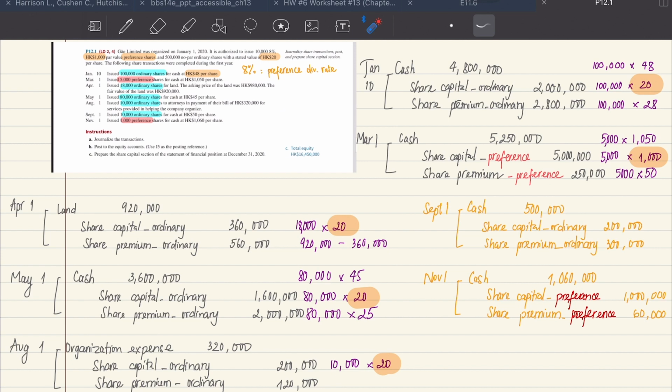So how do we get the cash? Cash will be equal to 5,000 shares times the price that we issue, 1,050 per share. So that's the reason why we have 5,250,000. And about the original price, you just need to take 5,000 times 1,000, then you get the share capital. But this one is for preference share.